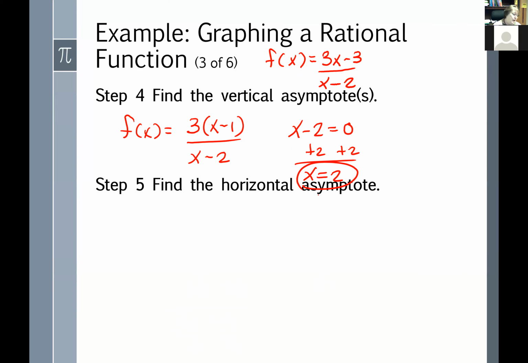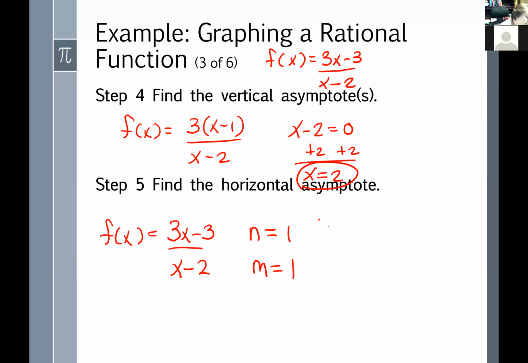To find the horizontal asymptote, look at the degree of the numerator and the degree of the denominator. The numerator is a first degree polynomial function, as is the denominator. If the degrees are the same, then the line y equals the ratio of the leading coefficients is the horizontal asymptote.